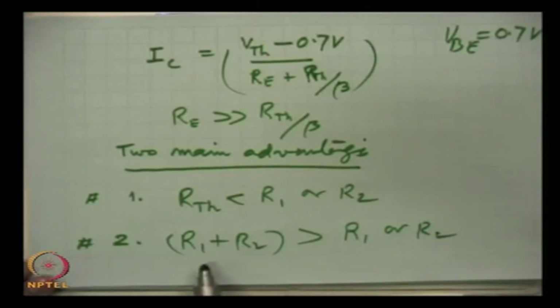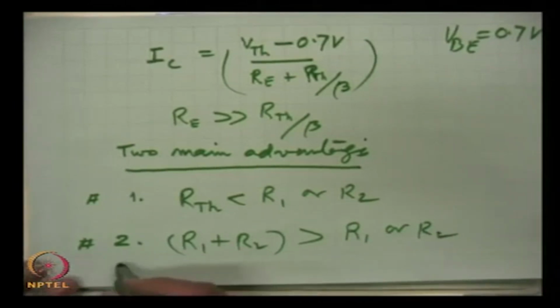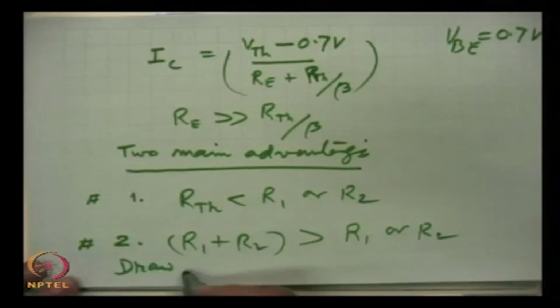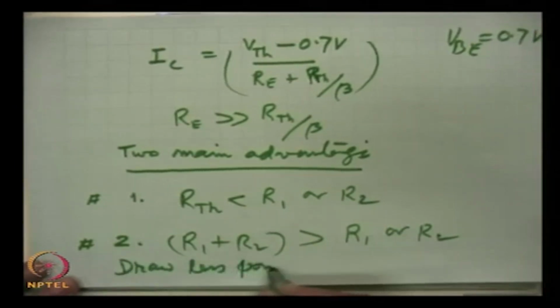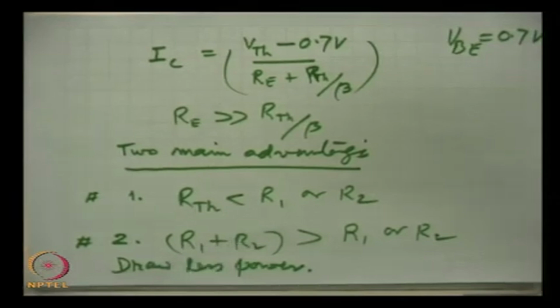So, it will draw less power. This is important when our circuit is powered by a battery, so the battery life will be higher in this case. So, these are the two main advantages of the circuit. Now, I can repeat the design procedure.